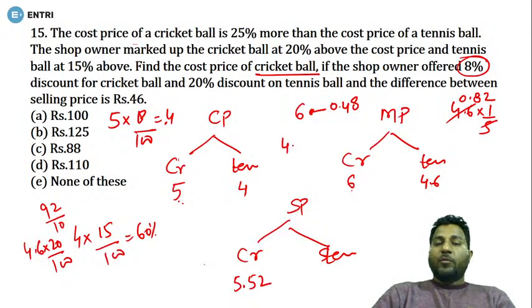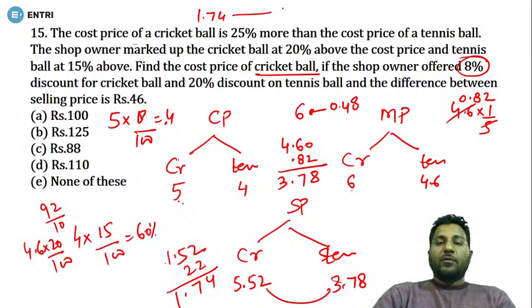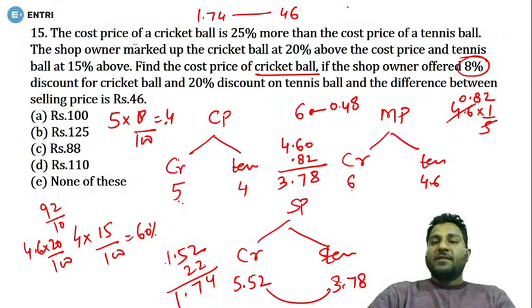So from 4.6, 0.92 will be subtracted, so 3.68. Now let's find out the difference. 5.52 minus 3.68 is 1.84. 1.84 must be equal to 46. So we can easily figure out 1 is equal to 46 by 1.84.